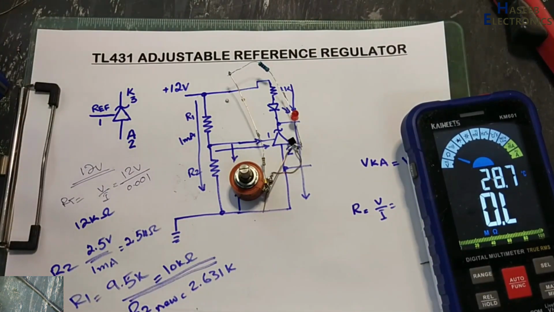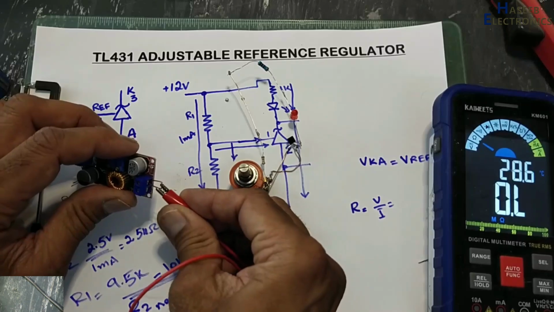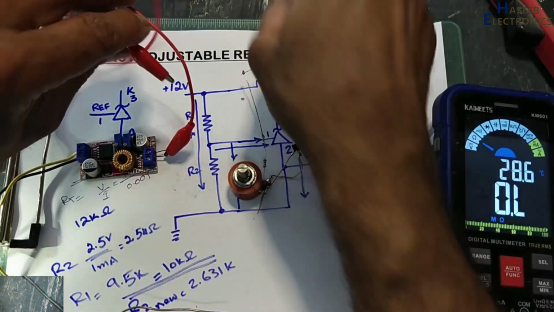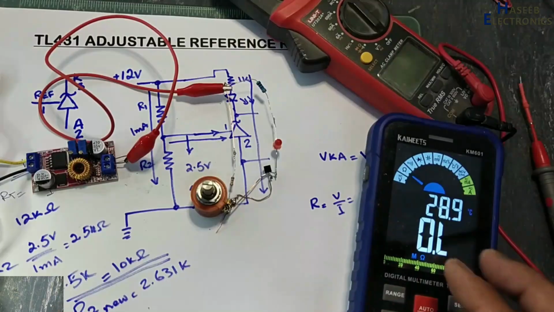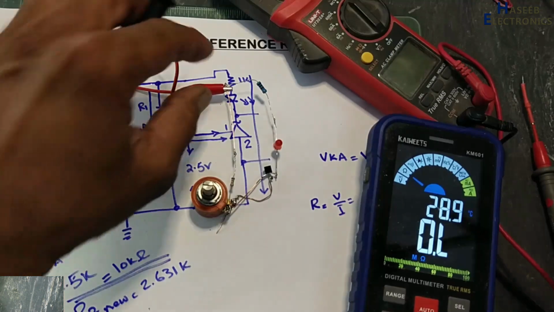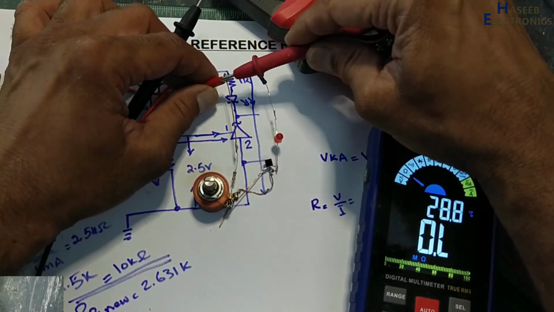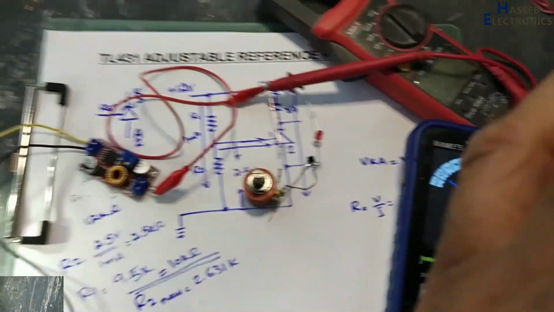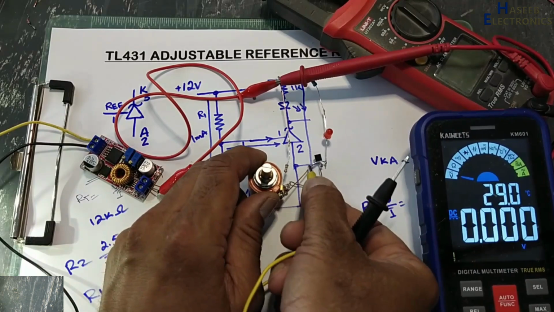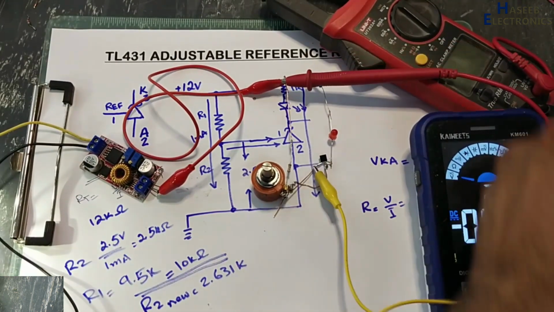Let's apply voltage. I will apply variable voltage. I will use this multimeter to see the input voltage, DC voltage, and here we will monitor the reference voltage, that is pin number 1, on this multimeter.